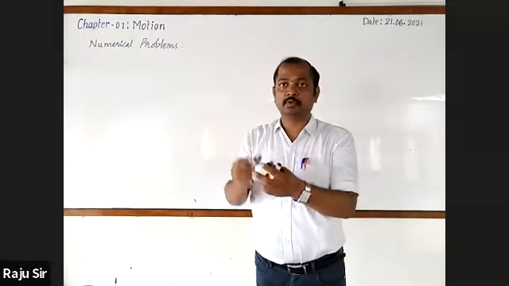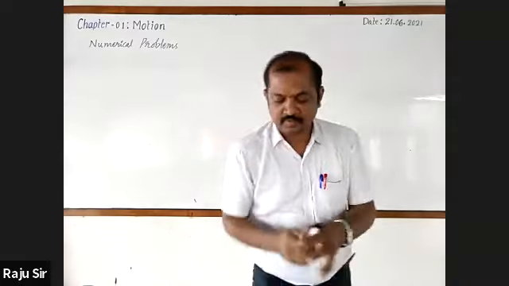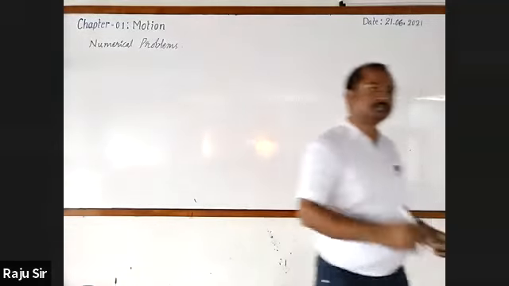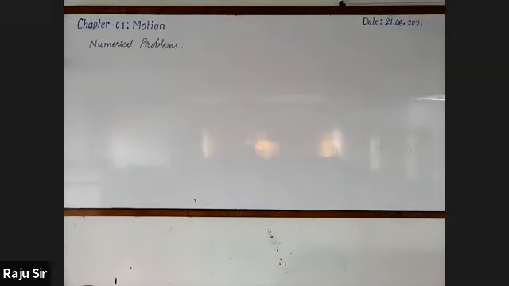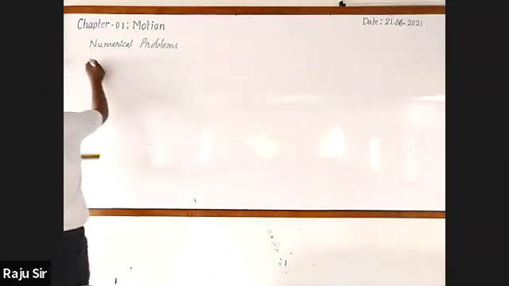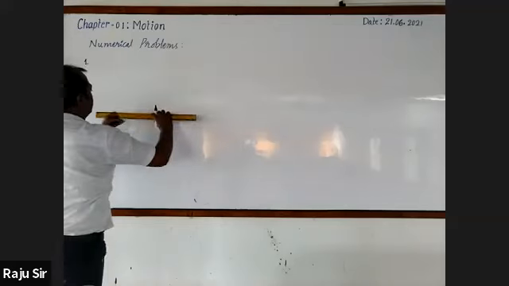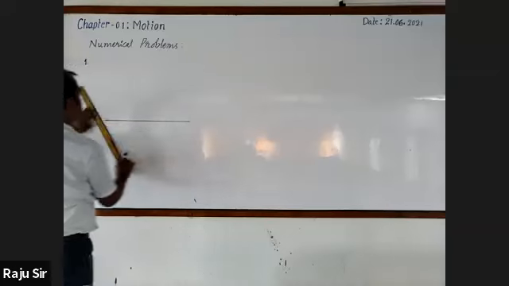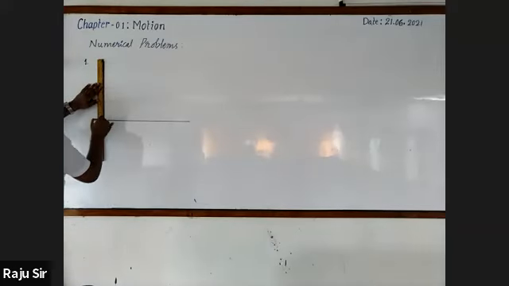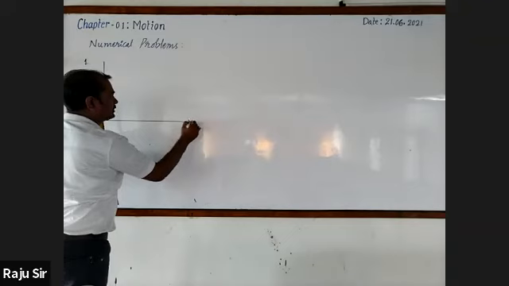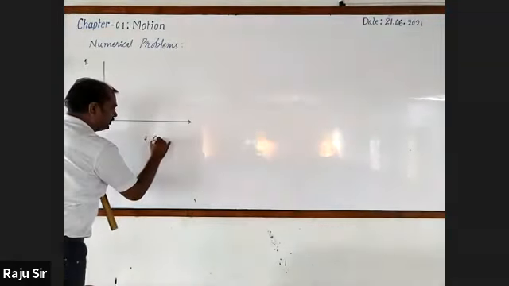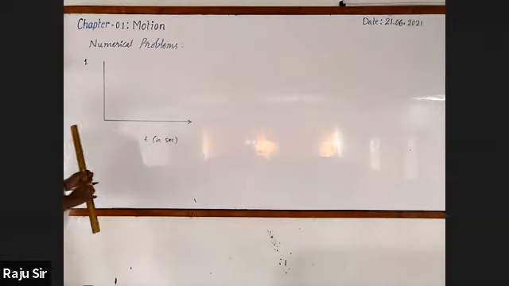First, I am going to give you the graph. Draw the dt graph. In the dt graph, we all know that time is taken along the x-axis and the unit of time is second.